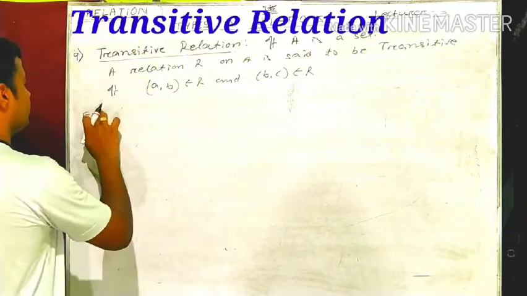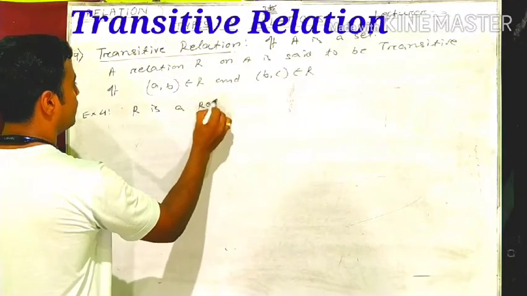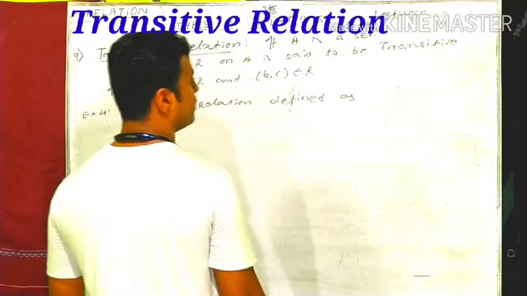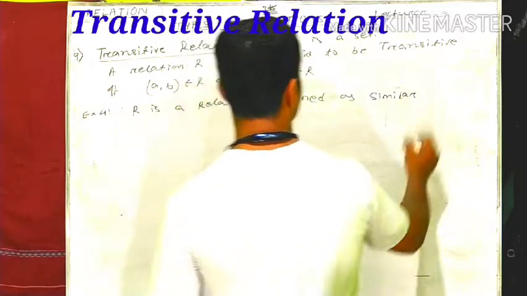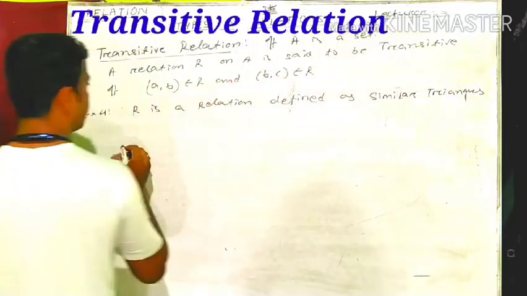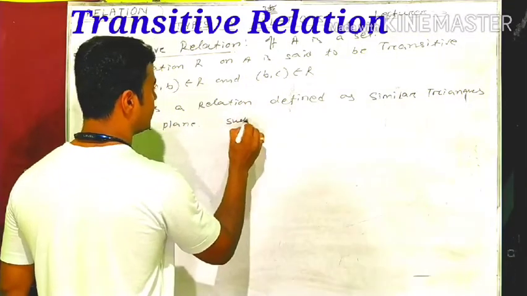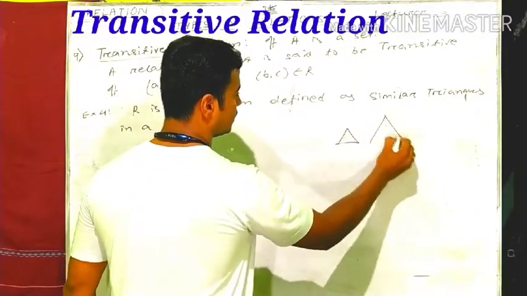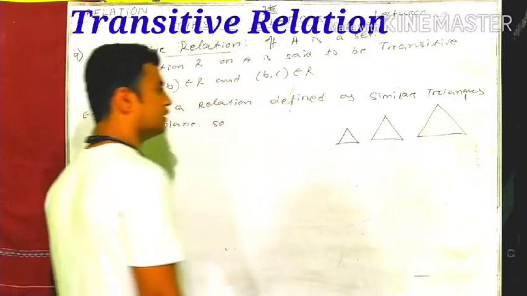Next example, example 4. R is a relation defined as similar triangles in a plane. Here three triangles are all similar.